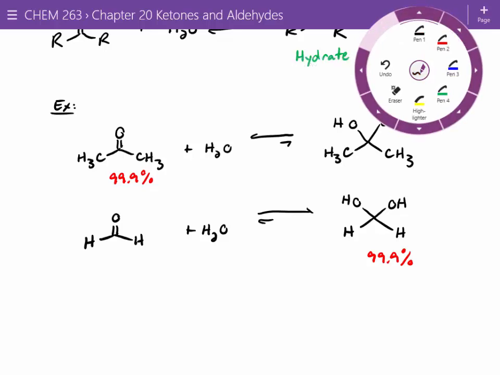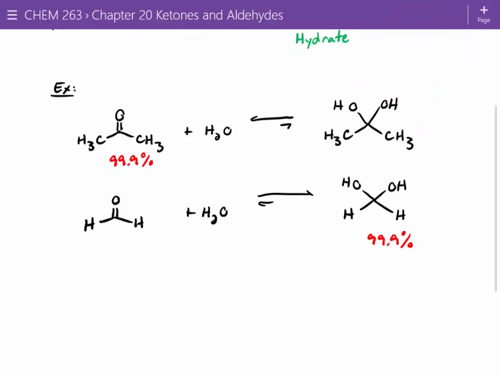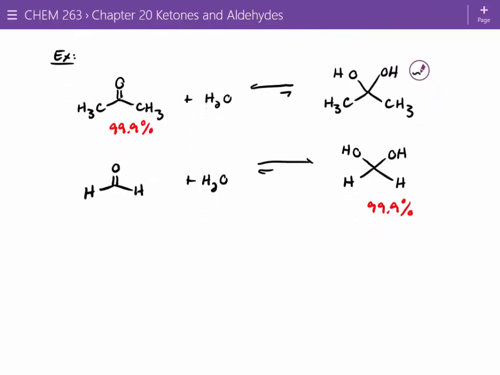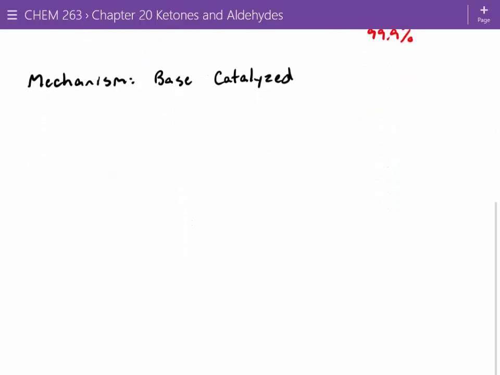So now let's go through and do the mechanism for this. In particular, let's do the base catalyzed mechanism. We'll go through and do the acid catalyzed mechanism next.